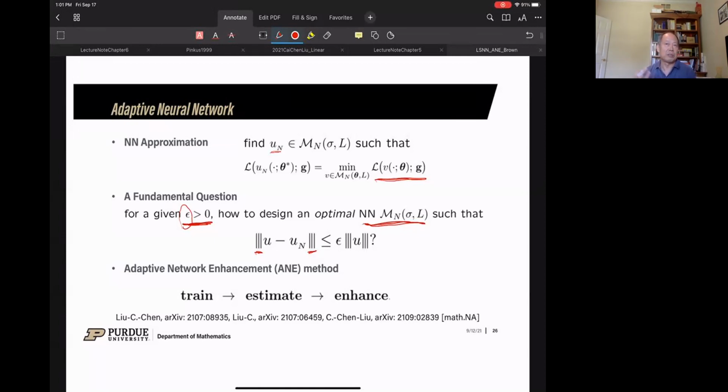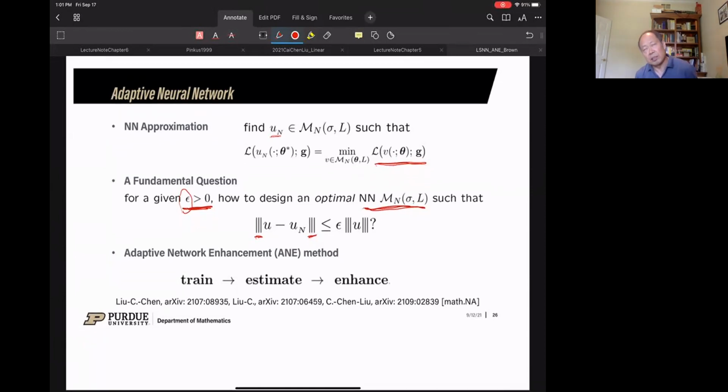Of course, you can see that this is a limitation of the mathematical theory, because mathematical theory, generally speaking, is more asymptotic in nature. You start from calculus; the core of computation, the core of applied math, is approximation theory, and approximation theory is asymptotic in nature. So that doesn't help much. But anyway, in order to address this problem, the idea is very, very similar to adaptive mesh refinement.